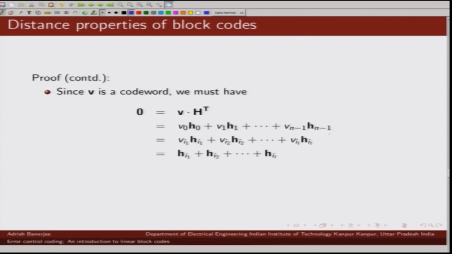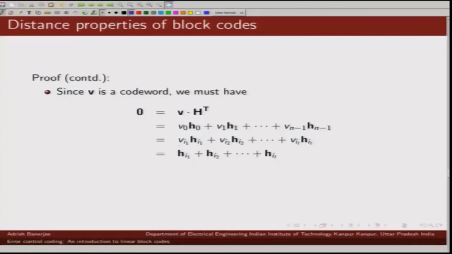Now, note that among these V0, V1, V2, up to Vn-1, there are L components which are non-zero, and what are those L components? Vi1, Vi2, Vi3 up to ViL. So, all other components of V will be 0.